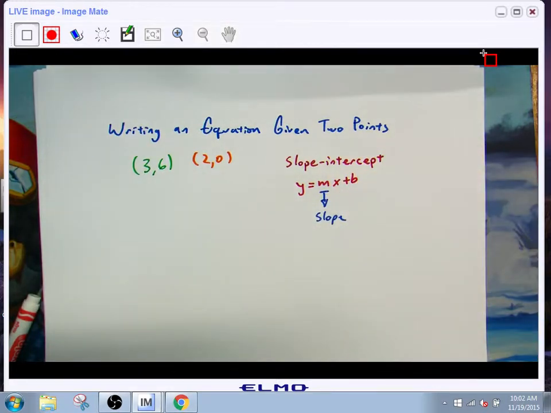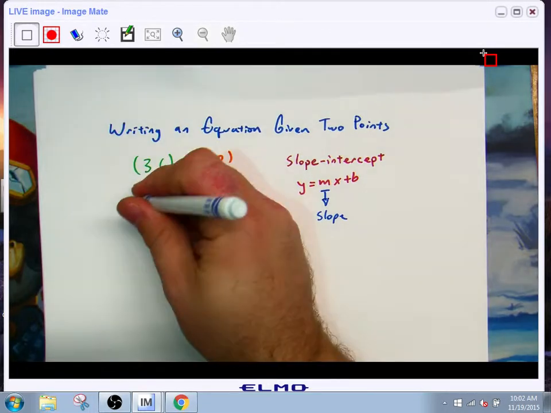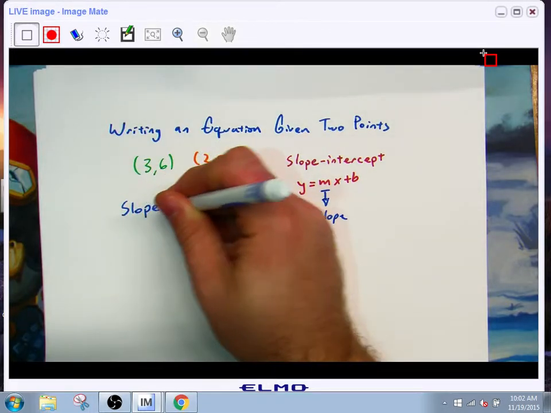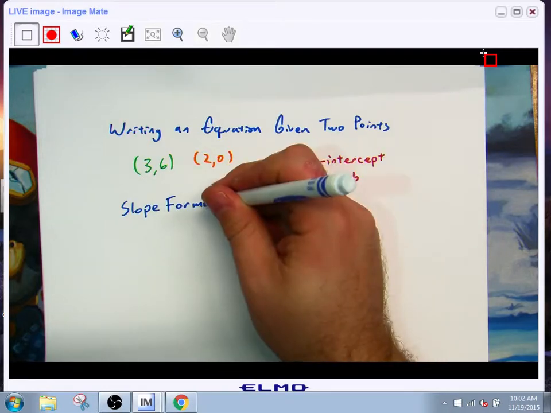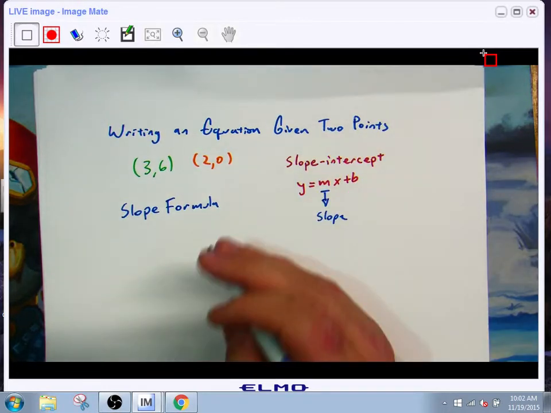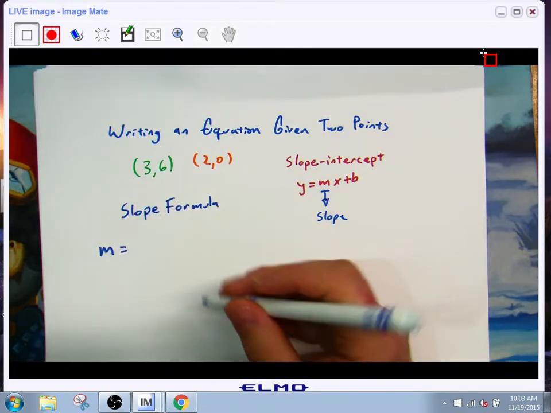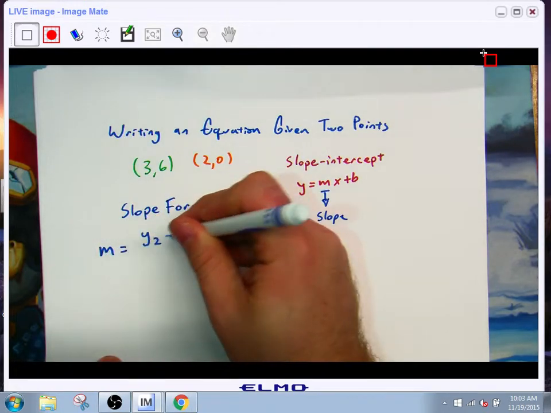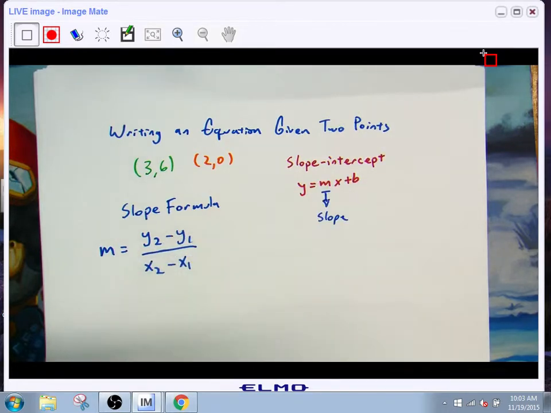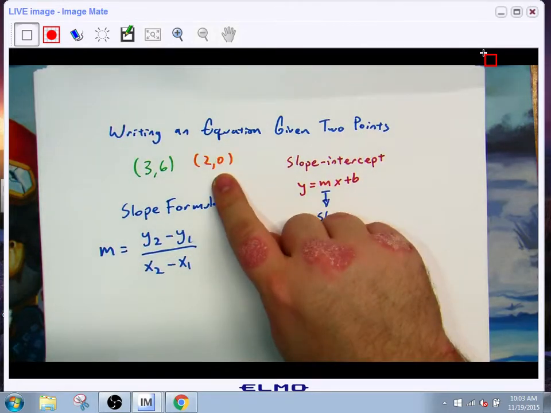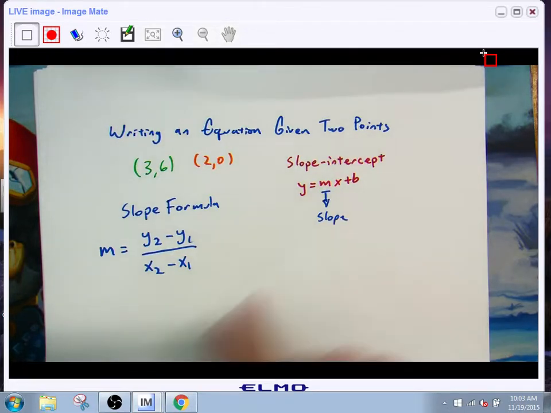And yesterday we learned this thing called the slope formula. As Edith just reminded me, m is equal to y2 minus y1 all over x2 minus x1. So that's what I'm going to do. I'm going to look at my 2 points, and figure out what my slope is.